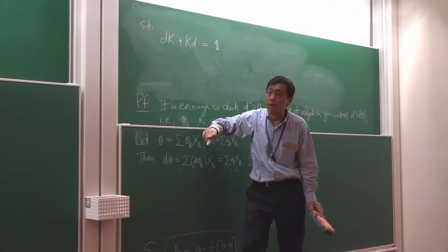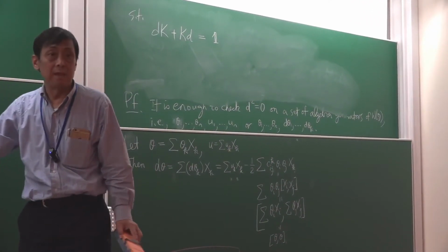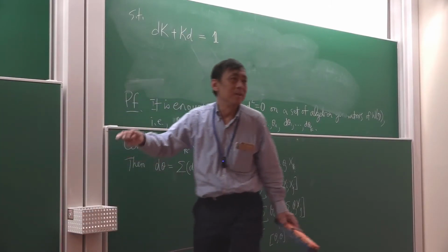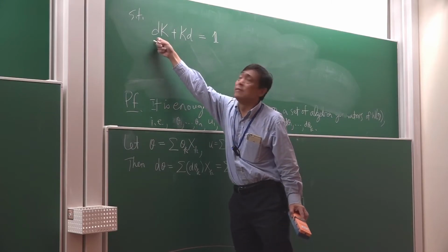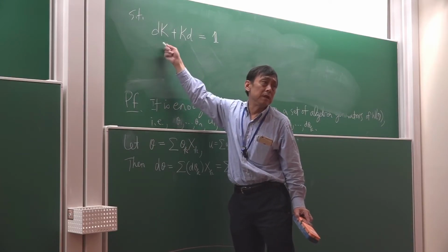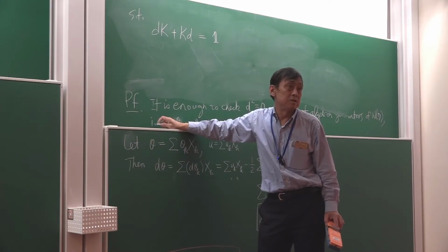Yeah, you see, this cochain homotopy is going to be an antiderivation. And D is an antiderivation, therefore dk plus kd will be a derivation.